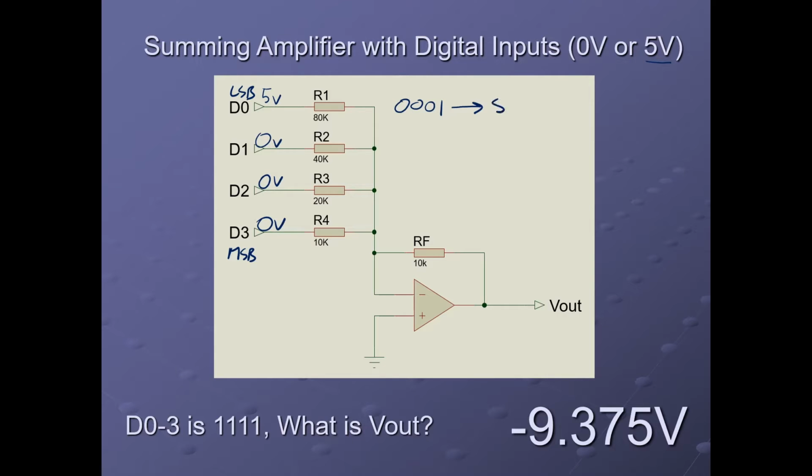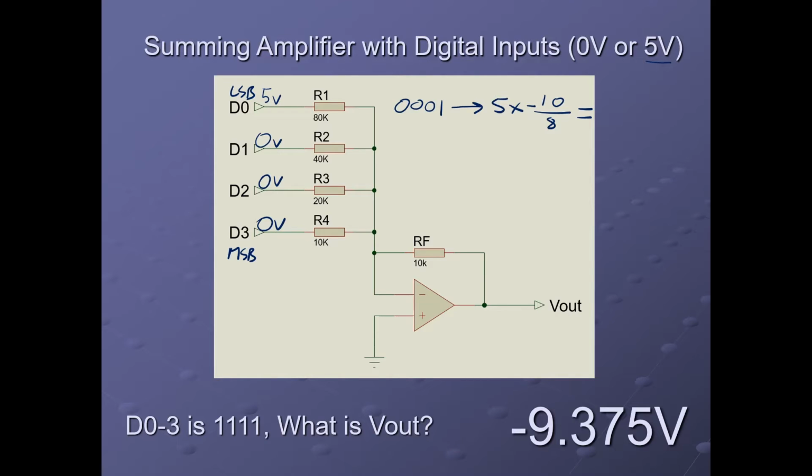Well, it would give me 5 multiplied by the gain of this thing, and these other bits aren't contributing anything at all to the output V out, because they're all 0 volts. So it's 5 times the gain, and the gain would be minus 10k over 80k.